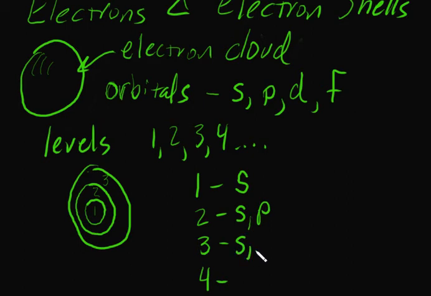Level 3, we can have s, p, and d's. And starting in level 4, we have s, p, d, and f. There are other orbitals other than this, but they never get filled with any of the elements that exist in our world or the atoms that man can make in an atom smasher.